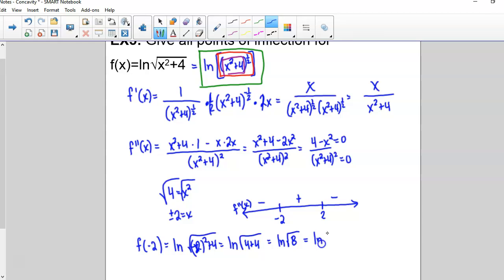But this is natural log of 8 to the 1/2 power. You guys remember what you can do with this power for natural log? It can be pulled out front. So it'd be 1/2 natural log of 8, or they might write it natural log of 8 over 2.